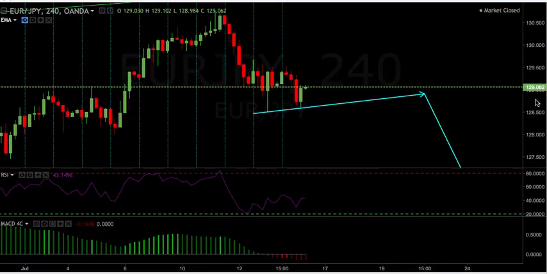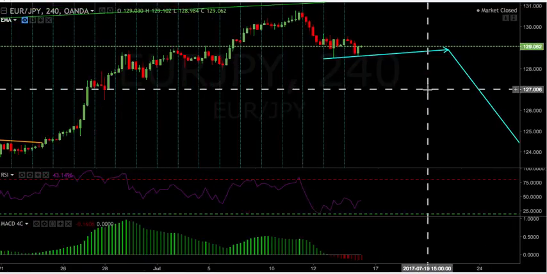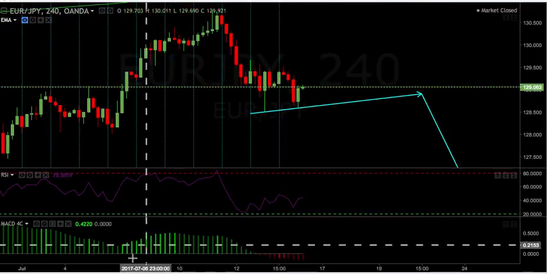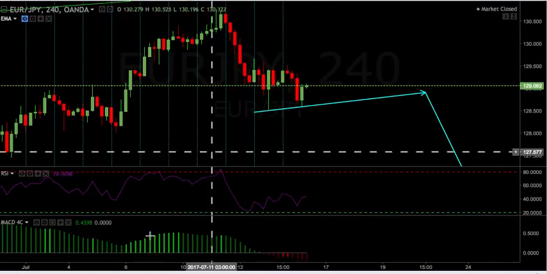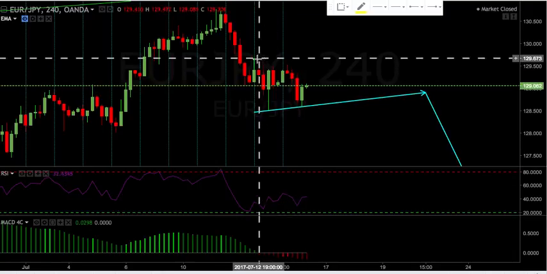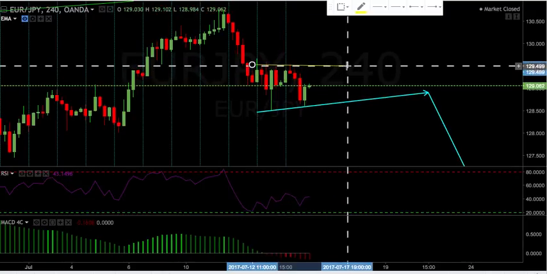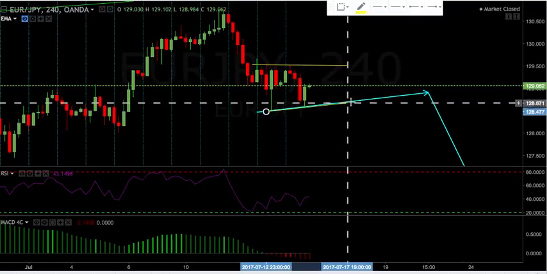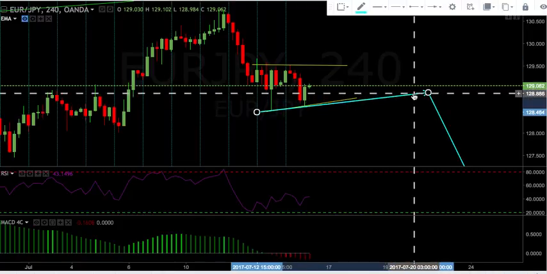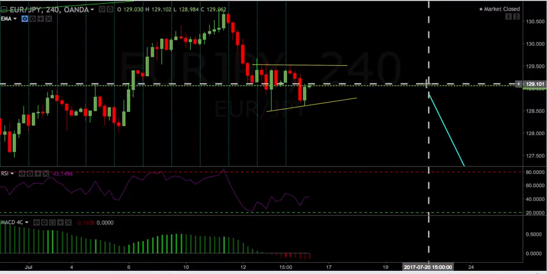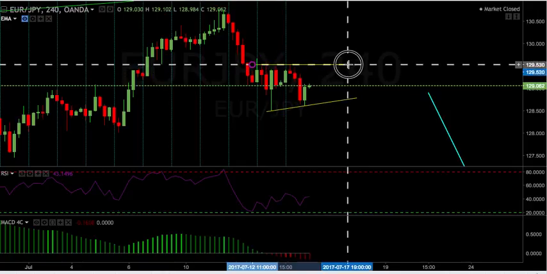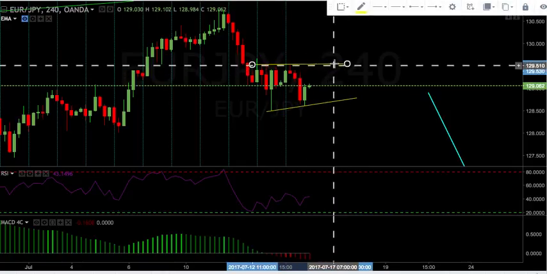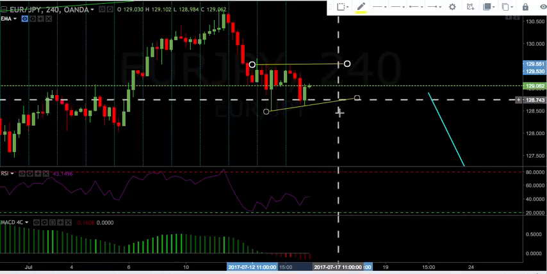Okay, 4 hour chart. There's our small pattern that's kind of identifying itself. It's not easily recognizable right now, but we'll see what it gives us and how it sets itself up during this week. So once again, we're looking for a pattern to form, and we're going to trade short the bounce or the break of the pattern.